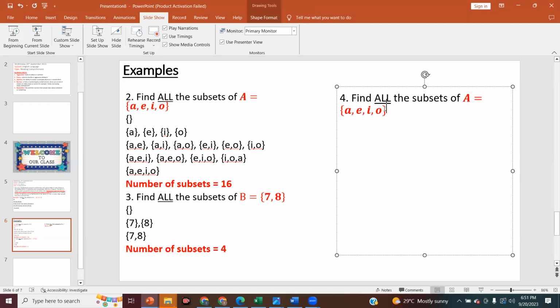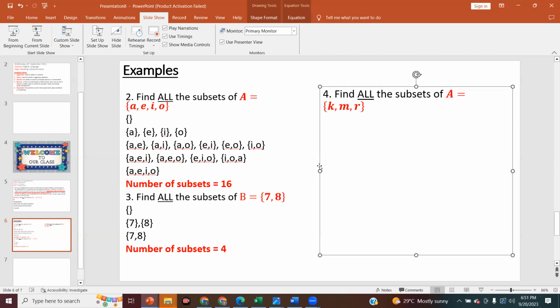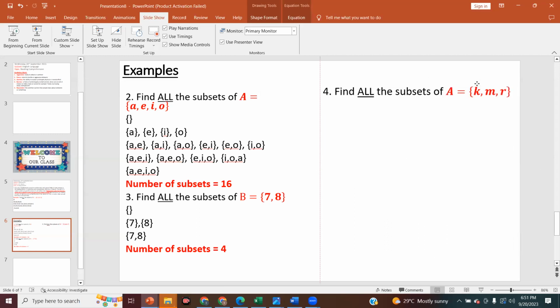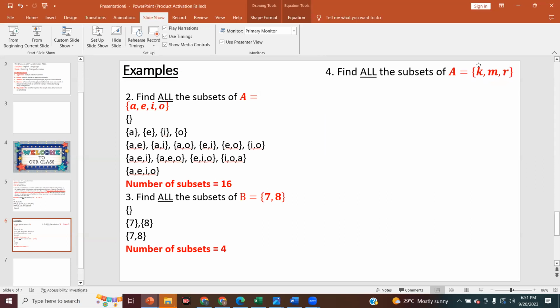What if I have a set that contains K, M, and R, and my job is to find all the subsets of A. All right. How would I do that? What's my first set?